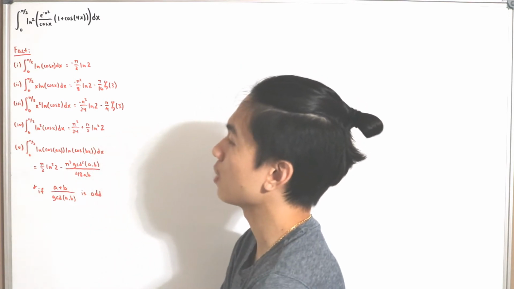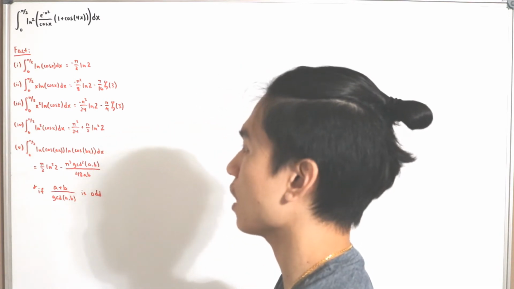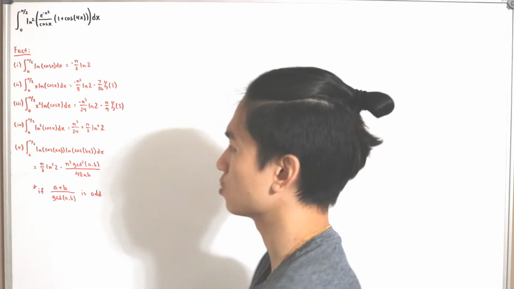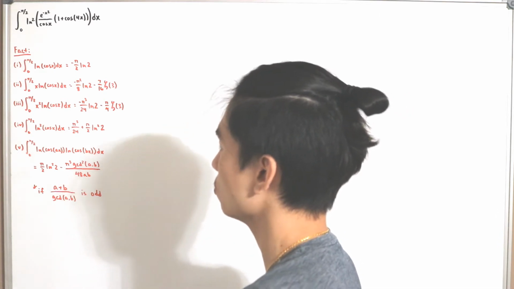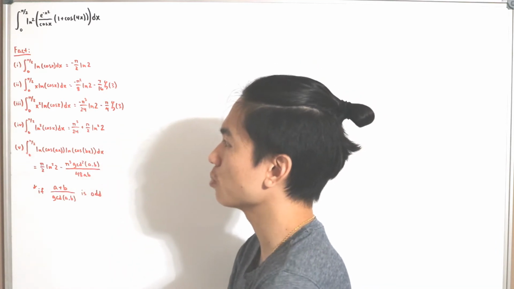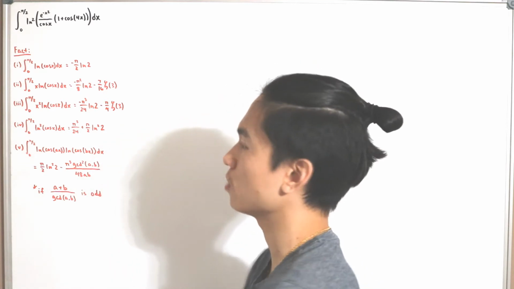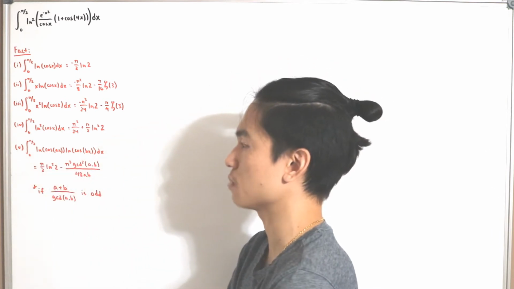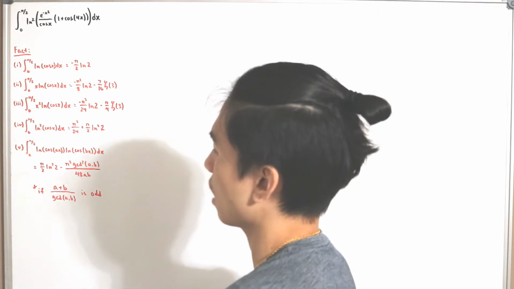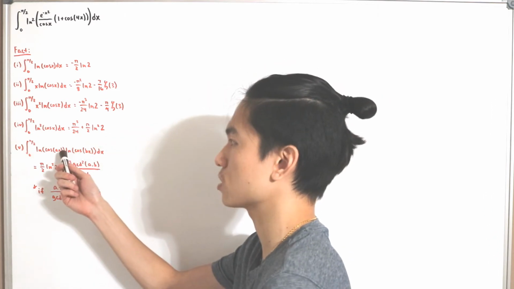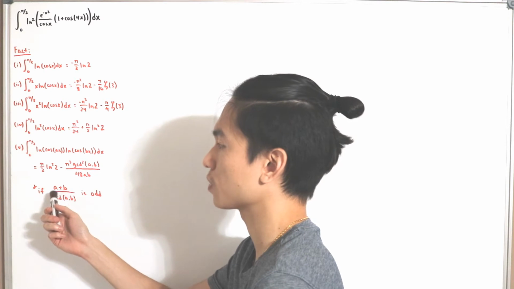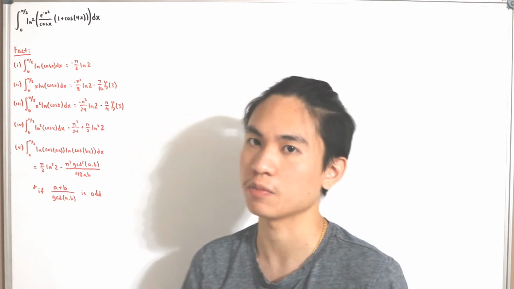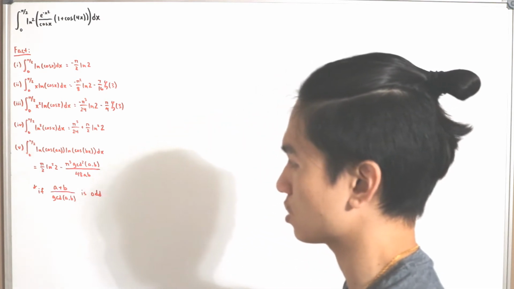The integral from 0 to pi over 2 of the natural log of cosine of ax multiplied by the natural log of cosine of bx dx is equal to pi over 2 multiplied by ln squared 2 minus pi cubed multiplied by the GCD squared of these two constants a and b, divided by 48 times ab. This theorem only works if (a plus b) divided by the greatest common divisor of a and b is an odd number.